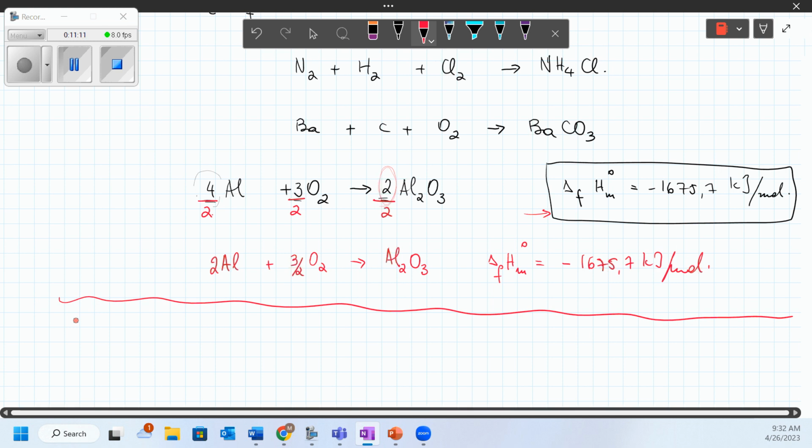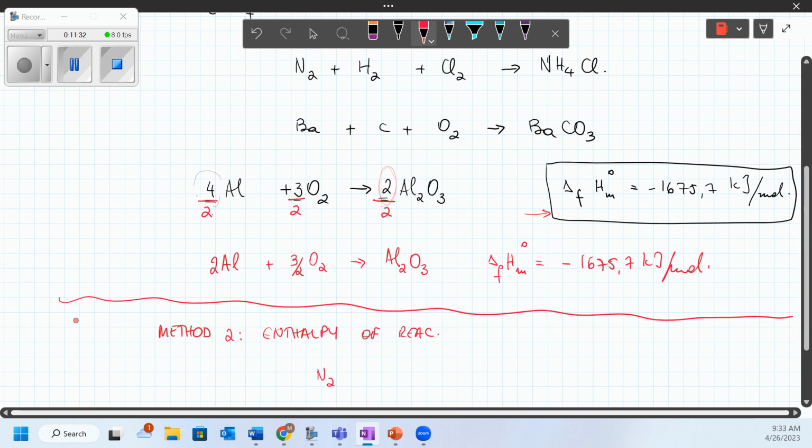As a second method, method 2 is the enthalpy of reaction. I will take ammonia so that we see the enthalpy of the reaction.